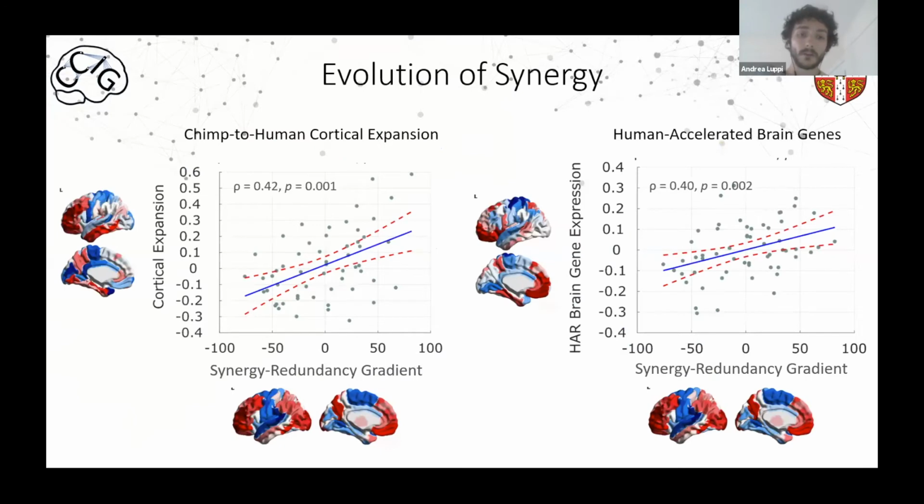In particular, we were also able to show that there is a correlation between synergy and markers of evolution, such as evolutionary cortical expansion, measured by comparing the brains of chimpanzees and humans in terms of morphology, but also with the extent to which each region expresses human accelerated brain genes. So the more synergistic a region, the more it is expanded in evolution.